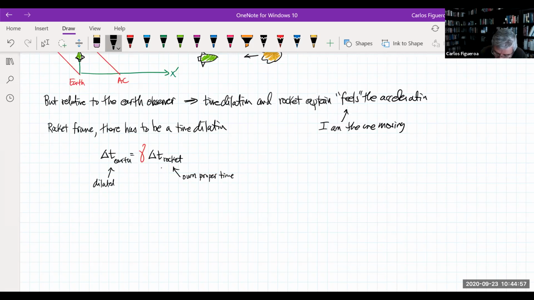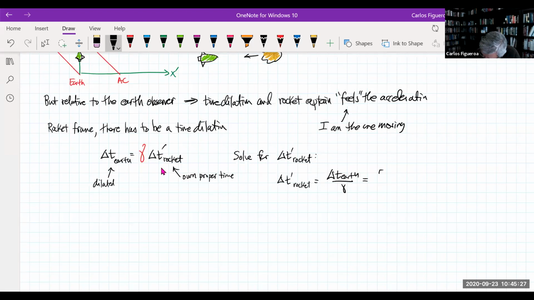So then I could solve for delta t prime of the rocket. And you could see that algebraically, it's fairly straightforward. Over this gamma factor. And so then I continue to write this out.